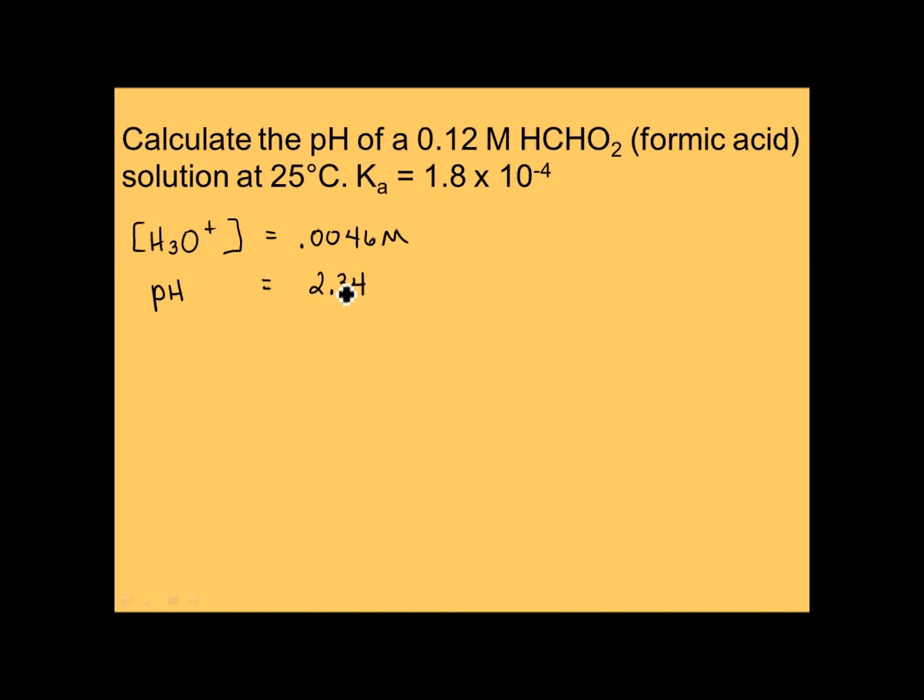Now the pH, notice, is a little higher. That means there's less hydronium ion in here. And the Kas aren't that dramatically different, so it has to do with concentration. Is 3.8%.